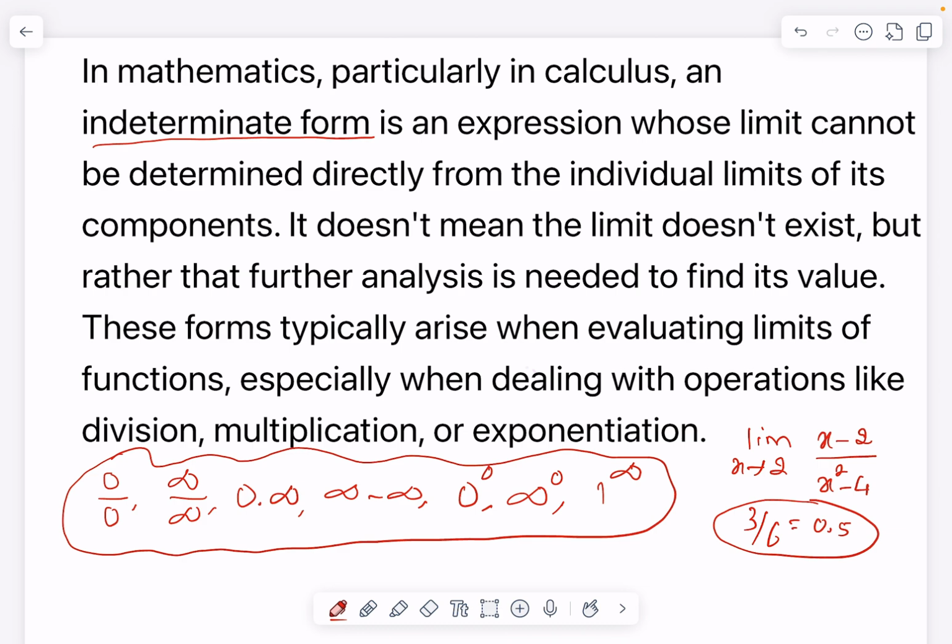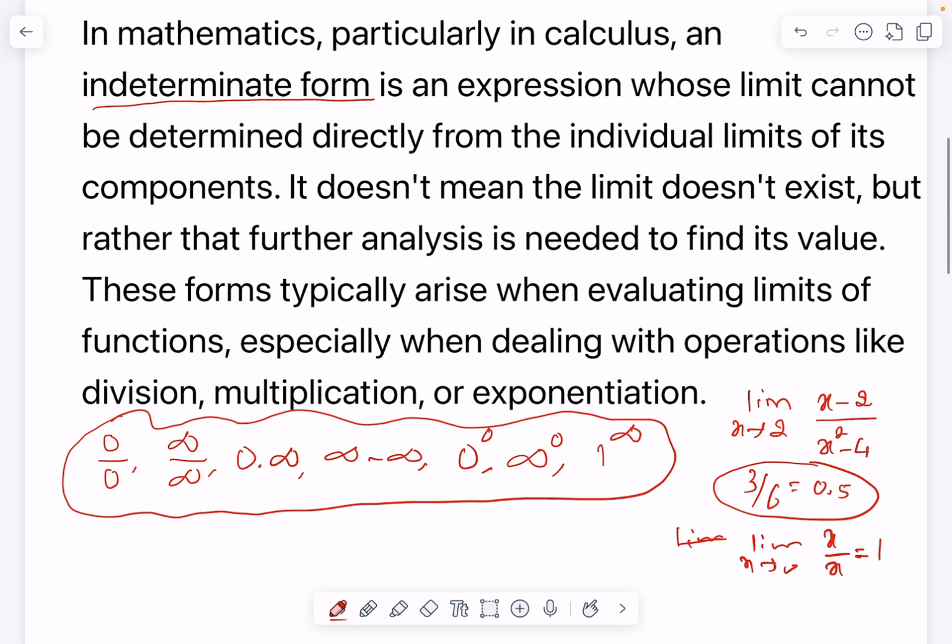Whose values we can say differ. Like if I write the limit x tends to 0, x by x, we know its value is 1.